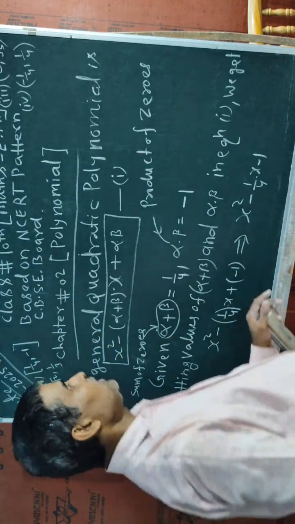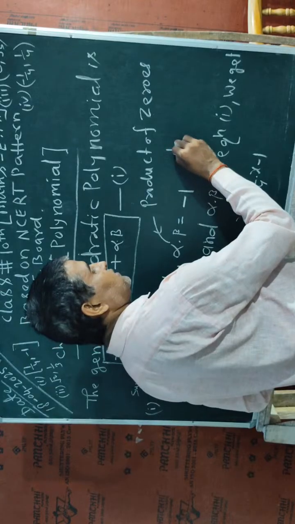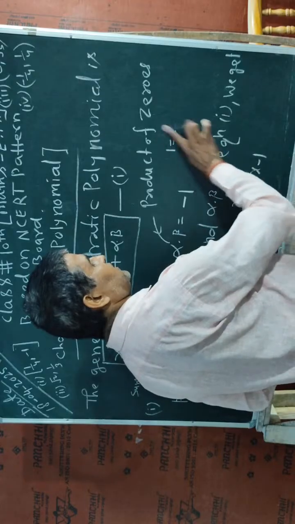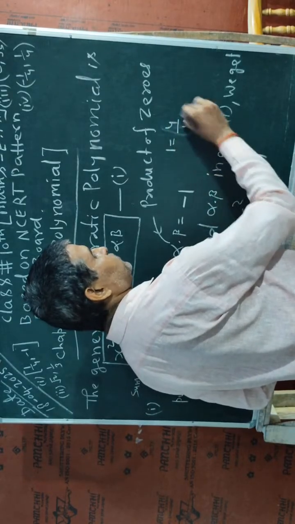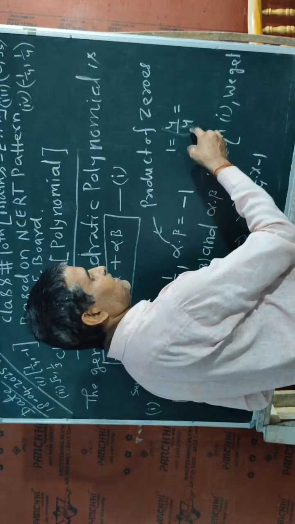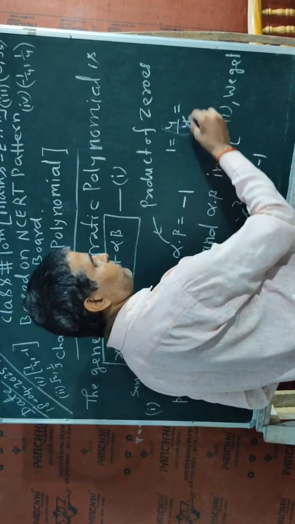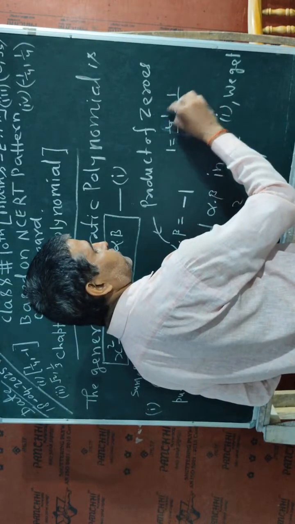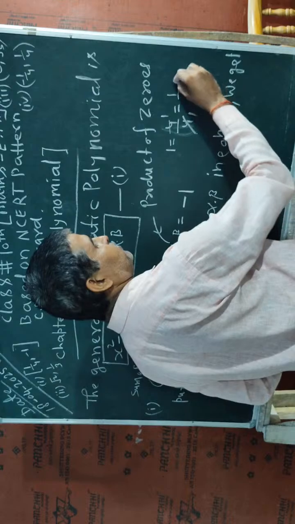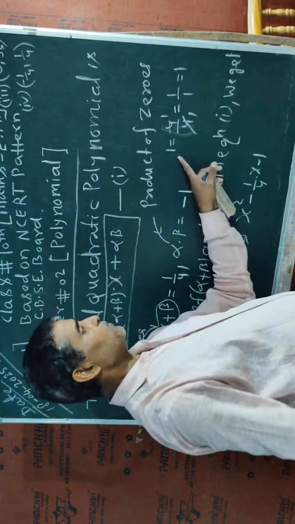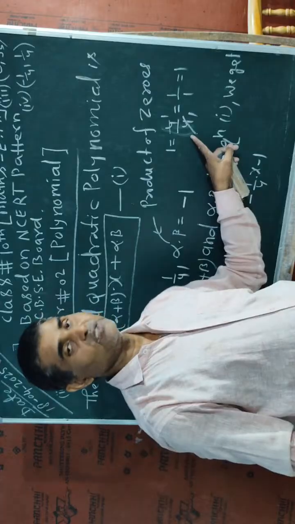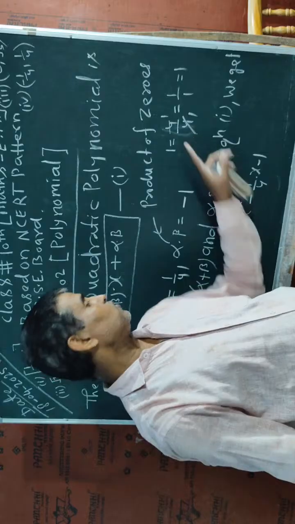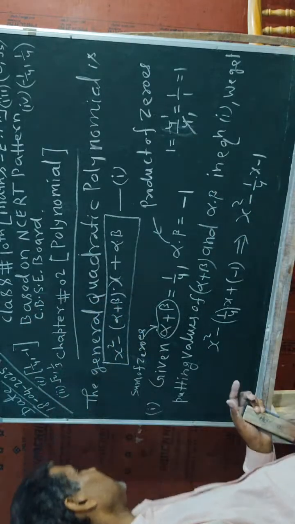I am going to explain: in the place of 1 I can write 4 divided by 4, because 4 divided by 4 is 1. In the place of 1 I can write 4 by 4, there is no change in my question. Okay students, so here I am going to arrange.